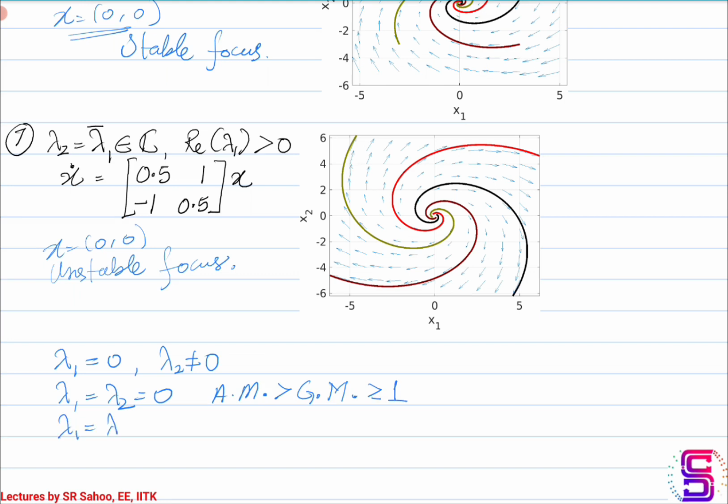Case 3, when lambda 1 and lambda 2 are 0 with AM equal to GM equal to 2. For these three cases, I suggest that you check what can happen. So here lambda 2 can be negative or lambda 2 can be positive. So do check for the vector field and the solutions that you will have.